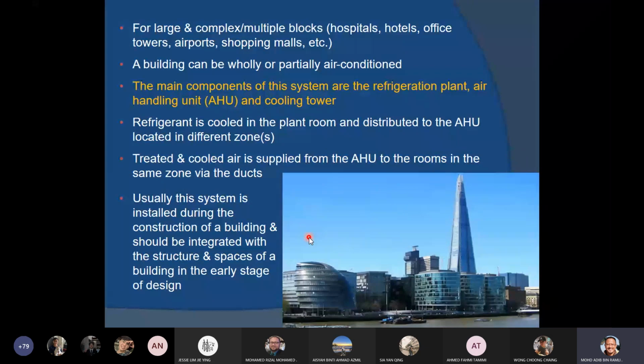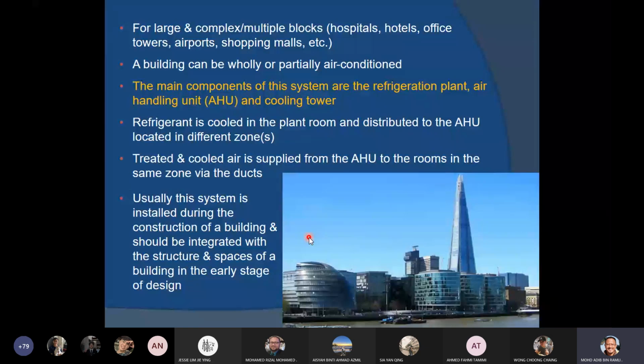Okay, so this plant system is normally used for either one single large building, or in a development complex where you have multiple blocks, several blocks in one development.